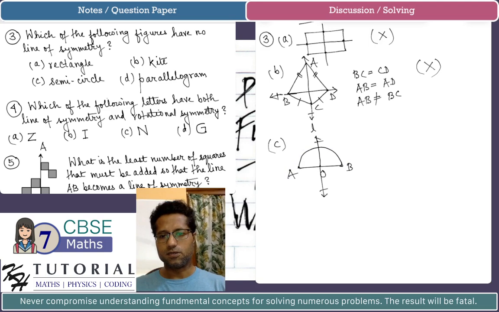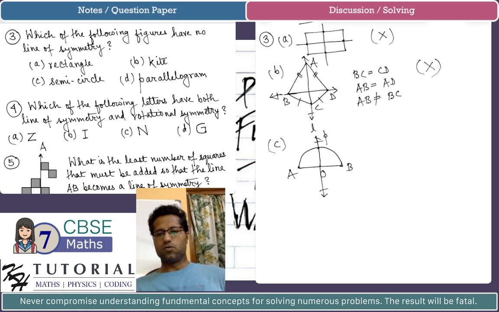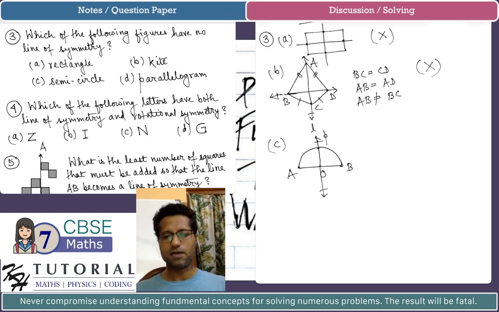AB is the diameter, and O is the center of the semicircle. So any line perpendicular to the diameter AB passing through the center O is the line of symmetry. All semicircles have one line of symmetry, so this is also not a choice.